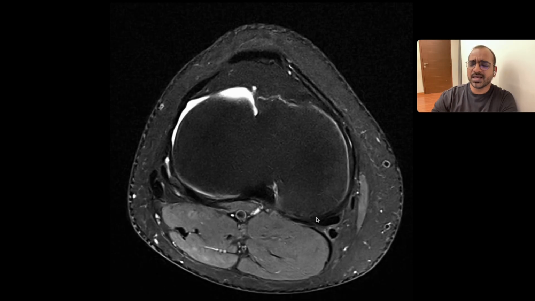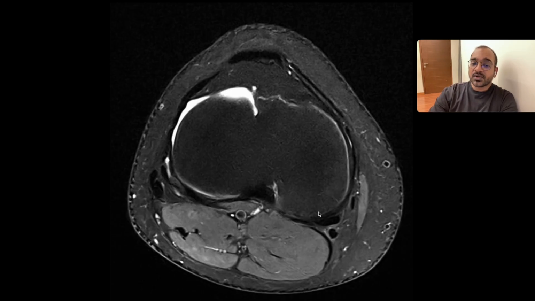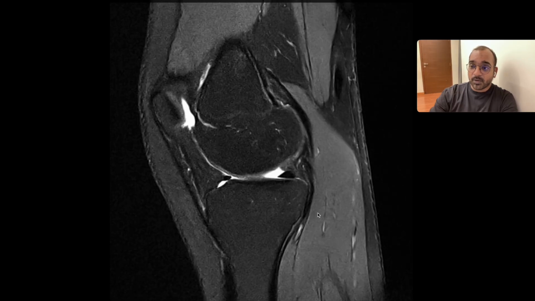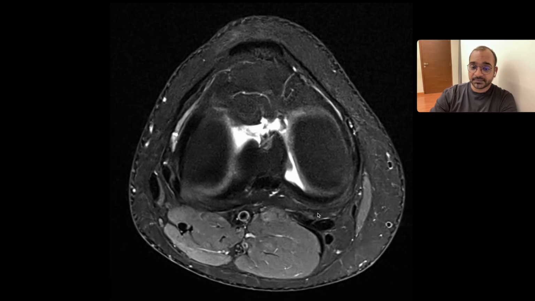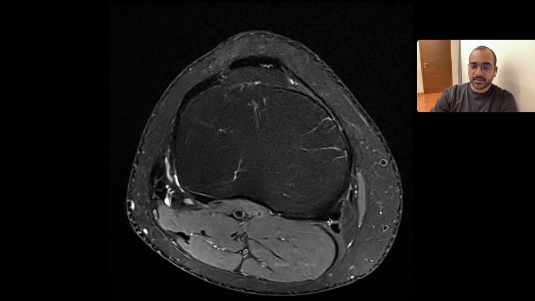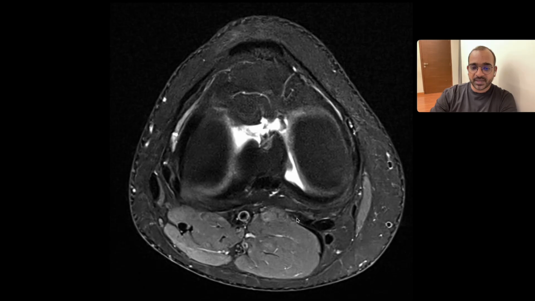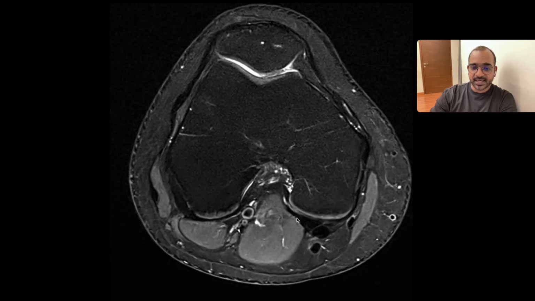It inserts like a membrane, gives multiple insertions. It also reinforces and joins our oblique popliteal ligament medially. So this is our semimembranosus.